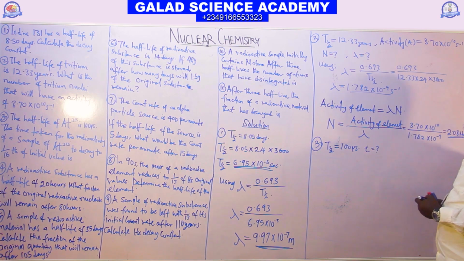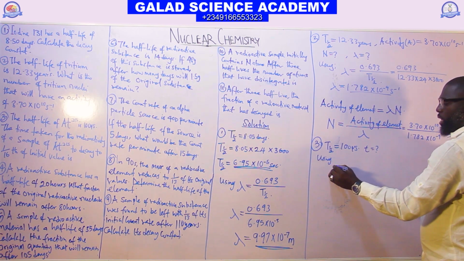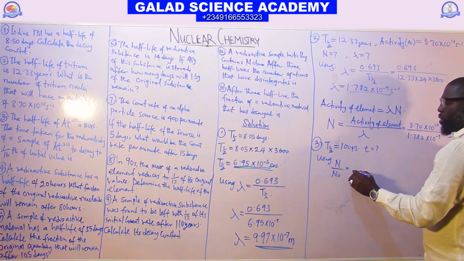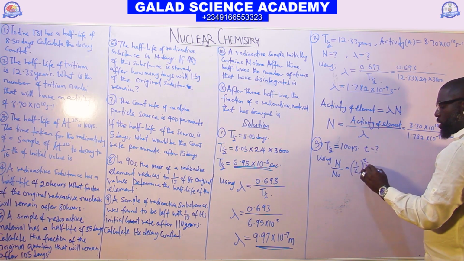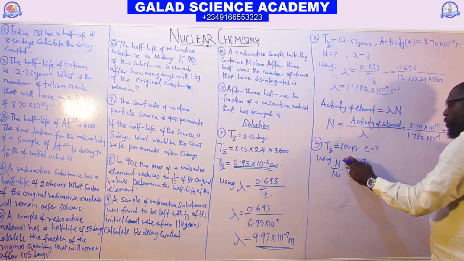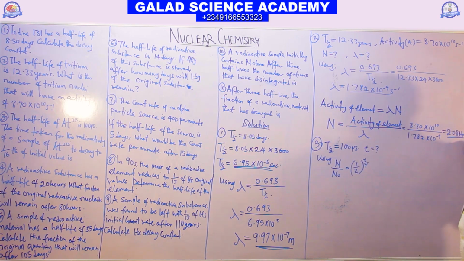Like this question is also very straightforward. Using N over N naught equal to 1 over 2 to the power small t over capital T. So this N over N naught is the fraction given.